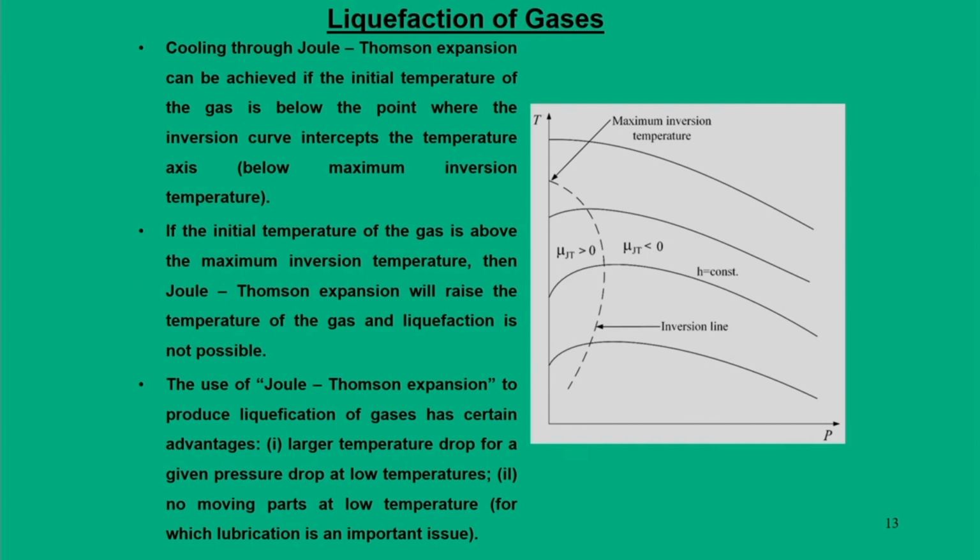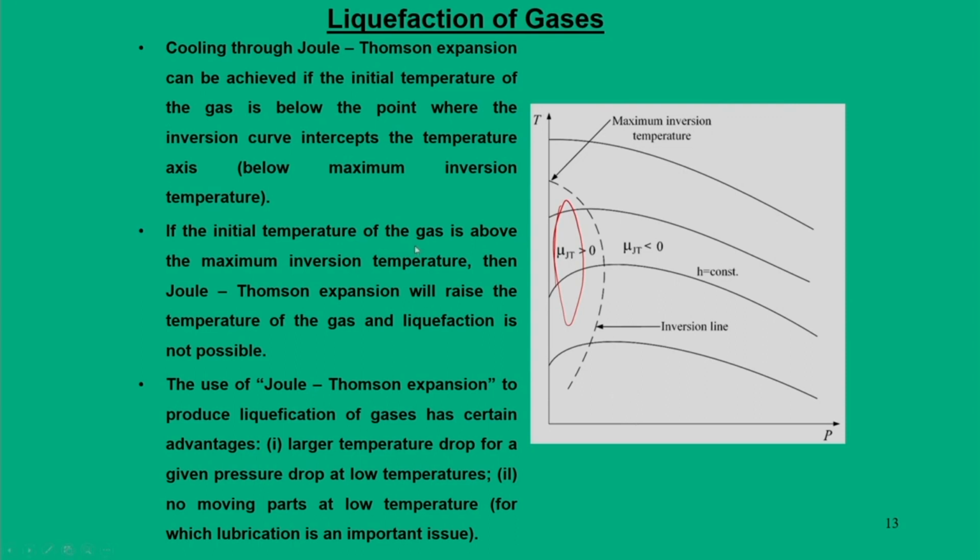Now, this particular concept is extended to the liquefaction of gases. One of the important considerations for liquefaction of gases is that we should get the cooling effect. Cooling through Joule-Thomson expansion can be achieved if the initial temperature of the gas is below the point where the inversion curve intersects the temperature axis, that is, below the maximum inversion temperature. That means if you want this cooling effect, then we must be within this inversion line.